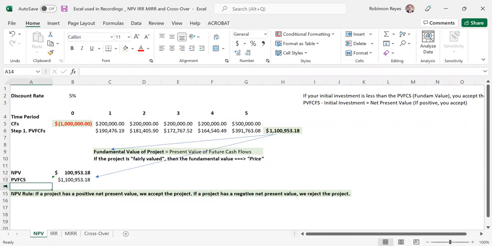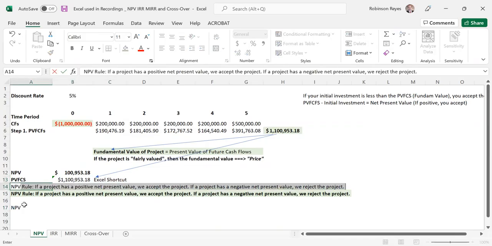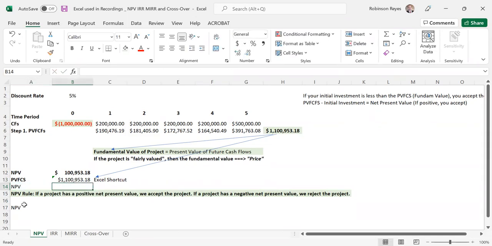So that is a shortcut in Excel. We can also take a shortcut with Excel just by doing the same thing.